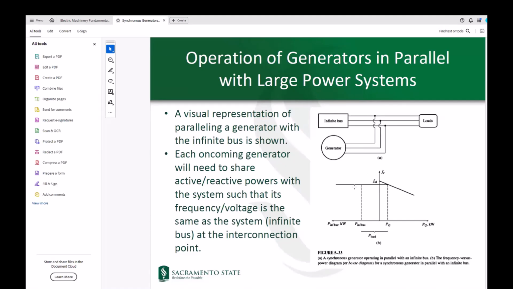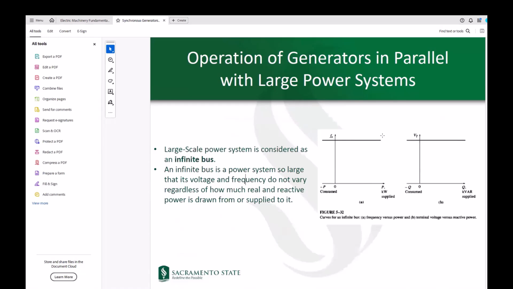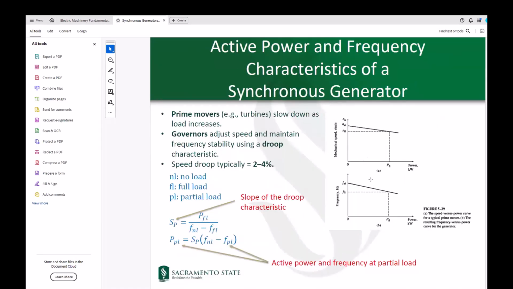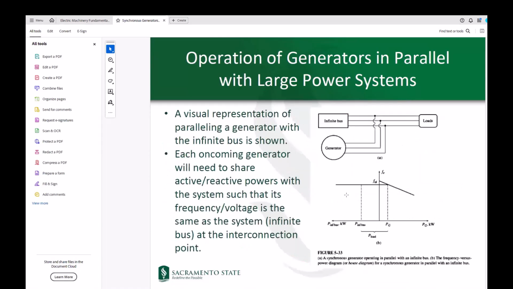Then, based on the characteristics of this infinite bus and your generator, you can come up with a visual representation of how much this new generator should share of the load. So this load is, for example, 1,000 megawatts. You might come up with a case that 950 megawatts is coming from the infinite bus, and another 50 megawatts will have to come from the upcoming generator. And this is showing that case.